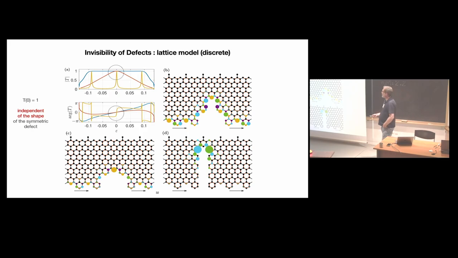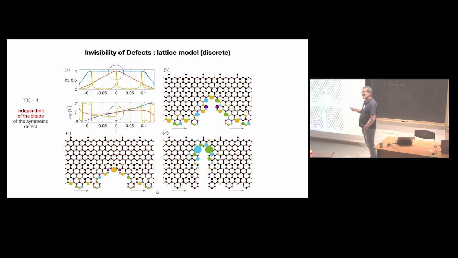So first, how it works with just the lattice model. Here are 3 types of mirror symmetric defects. Here is the absolute value of the transmission and the phase of the transmission, and you see that indeed T goes to 1 at this 0 energy.